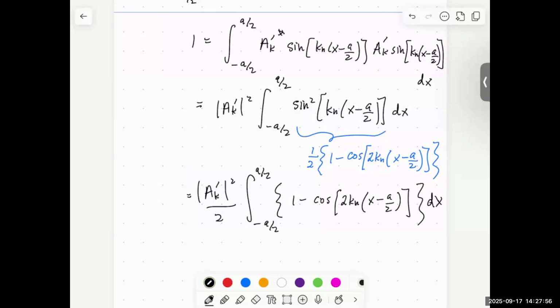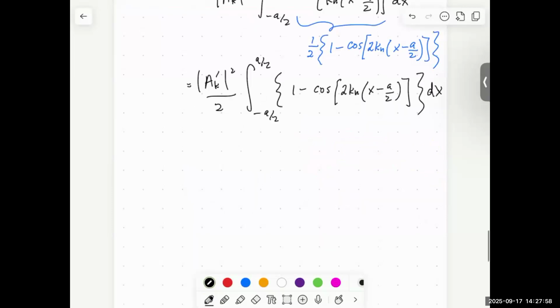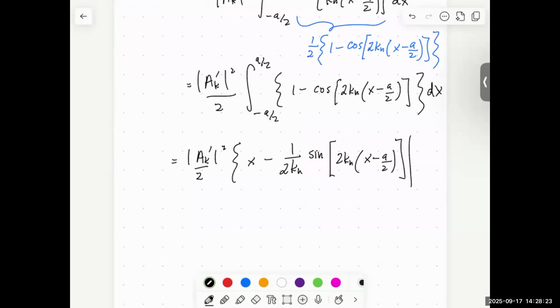So the integral gives us A_k prime squared over 2 times the quantity x minus 1 over 2k_n sine of 2k_n (x minus a/2), evaluated from minus a/2 to plus a/2.